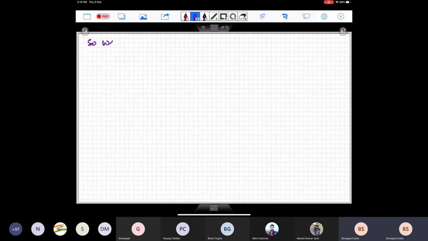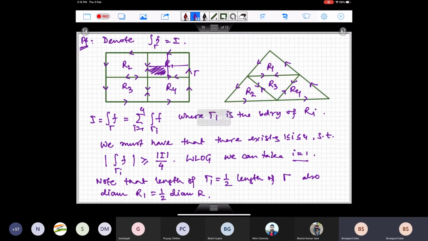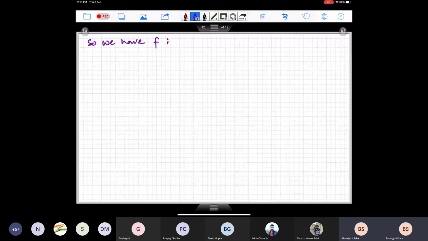So we have f is holomorphic at z naught. What does that mean?